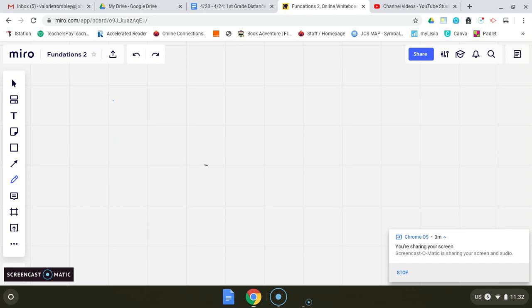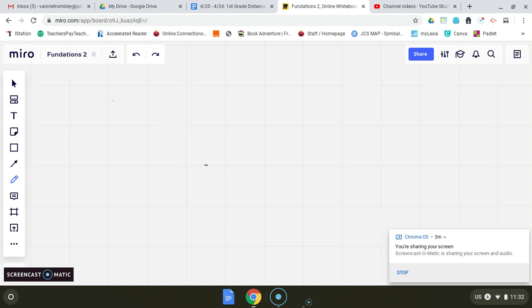How can I make the A say its name? And then mark everything about your base word. You can tap it again to be sure it's correct. Shape, shape. And then add your suffix S. Shape, shapes.